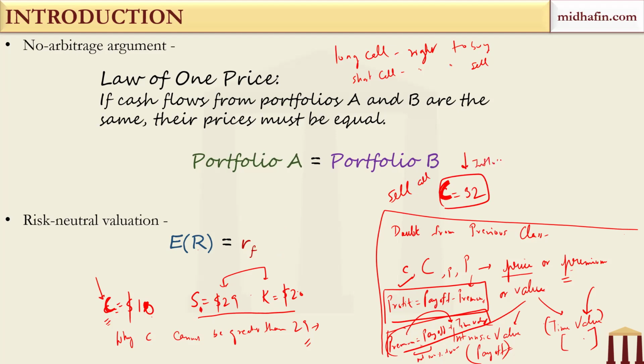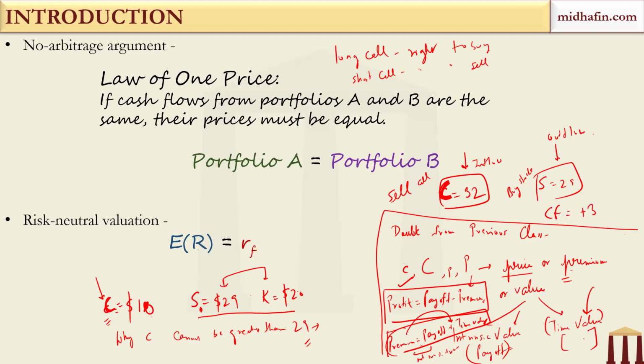And when you buy the stock, this is an outflow, correct? Now, your net cash flow is positive or negative? Positive. So you receive 3 right now, correct?